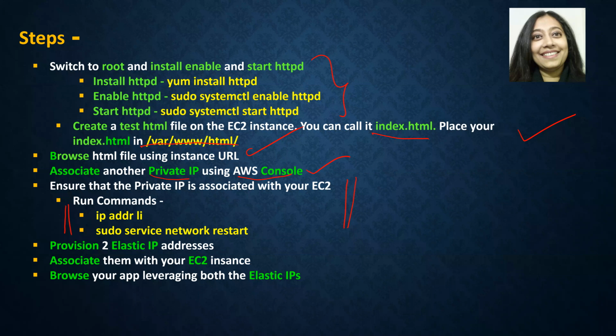What I have just showcased in this hands-on lab is just the basic. You can definitely complicate this further. I will try to create another hands-on lab wherein we have multiple applications on the same EC2 instance, and we will see how we can associate the elastic IP addresses to those websites running on a single EC2 instance.